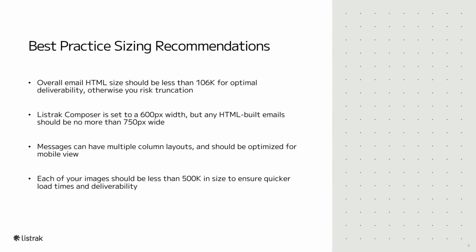And then finally, we want to make sure that the file size of our images are smaller. We want to make sure that they are less than 500 kilobytes in size because we want them to load as fast and as quickly as possible. One thing to remember when you're doing animated GIFs, they are going to be huge by default because of how much information is in the file.